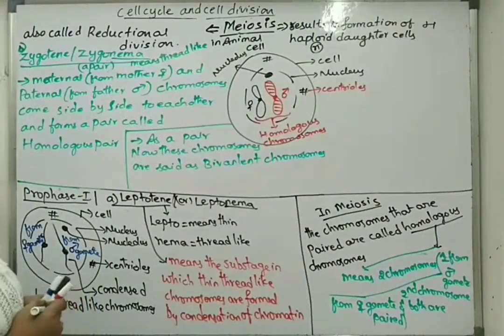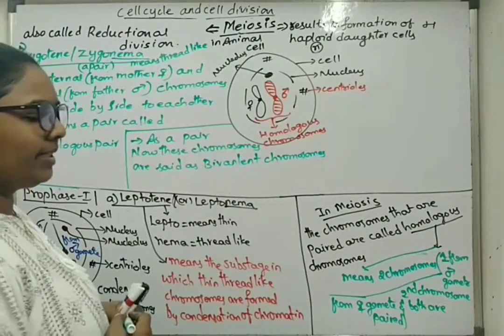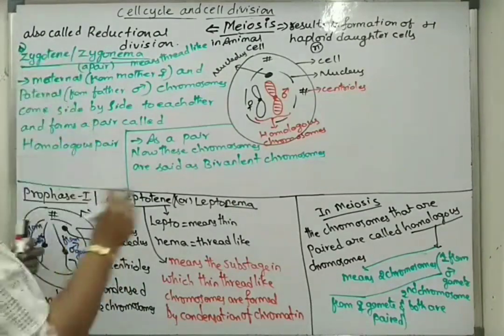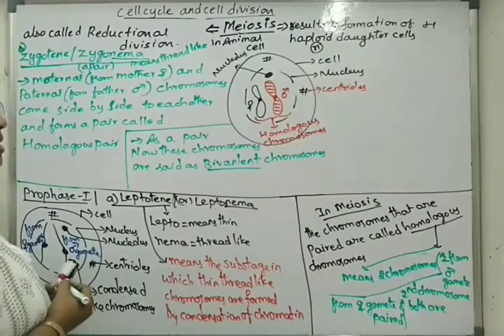So if a question comes, when is the bivalent stage of chromosomes seen? The answer is in zygotene.